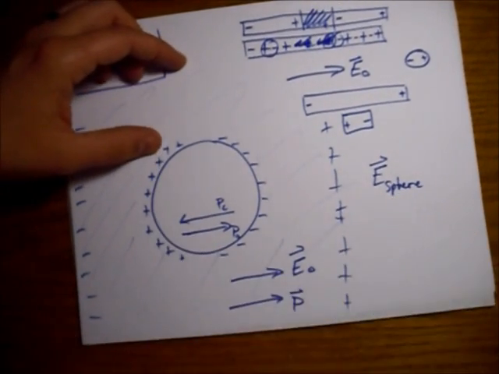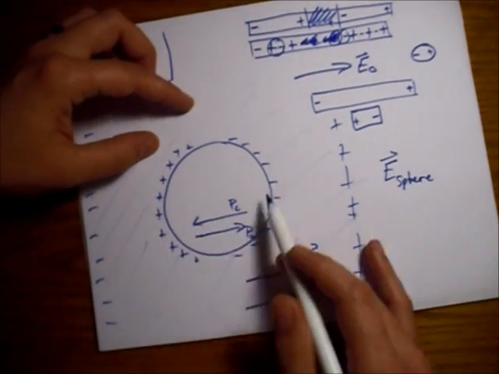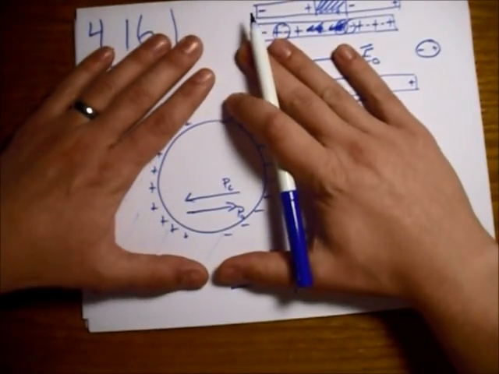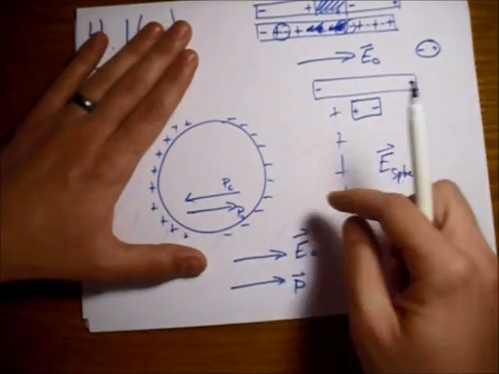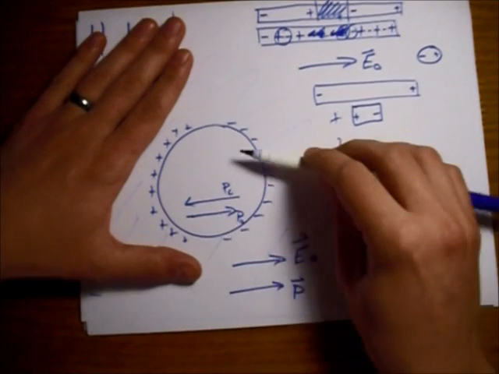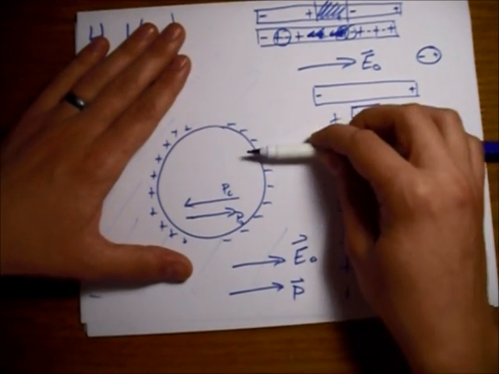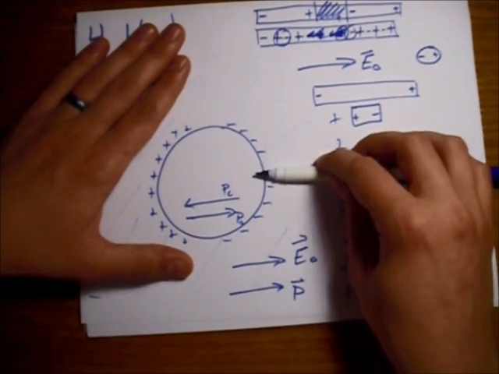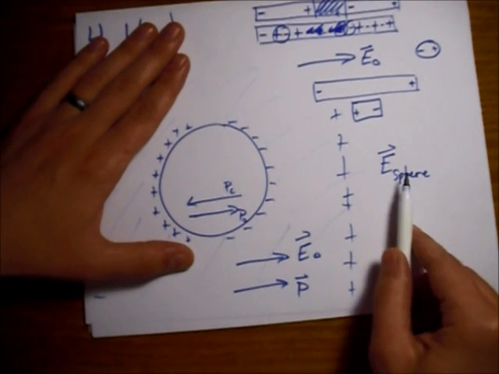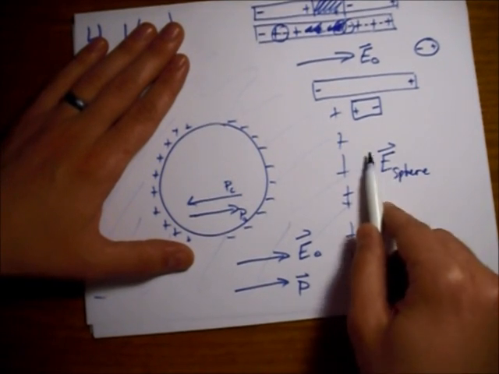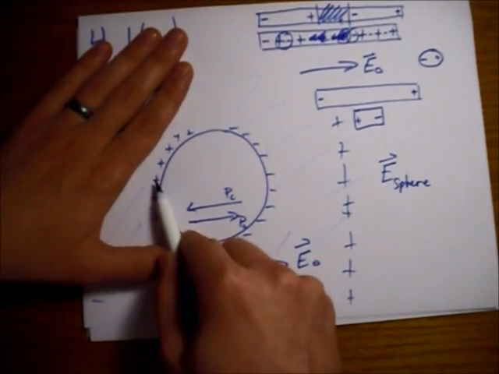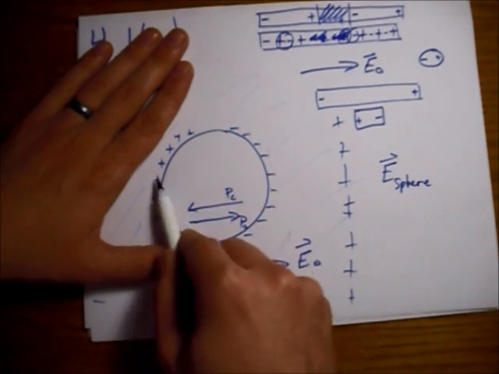Meaning, looking at this sphere, if we were to ignore the dielectric outside and look at just a polarized sphere, the polarization P is pointing from the minus to the plus, but the electric field goes from positive charges to minus charges, right?